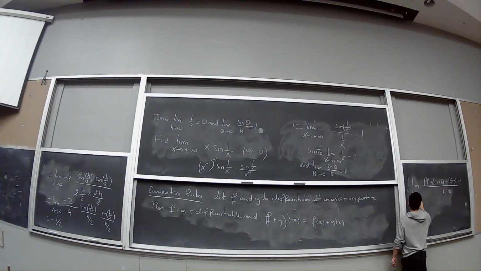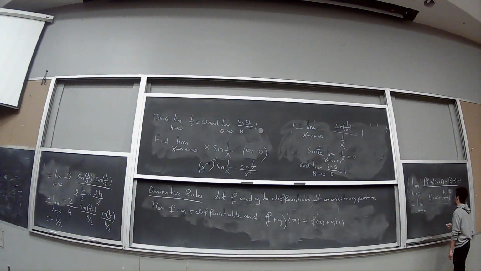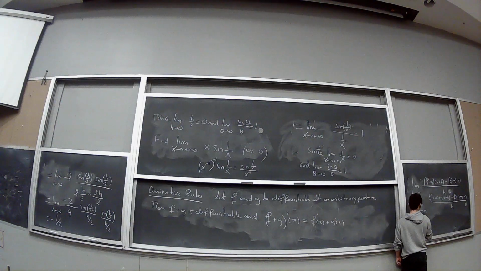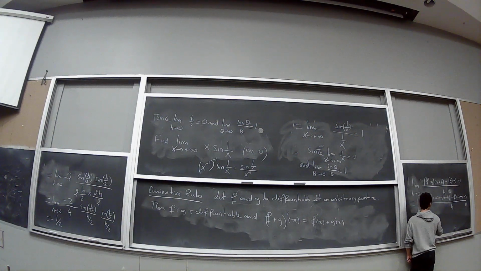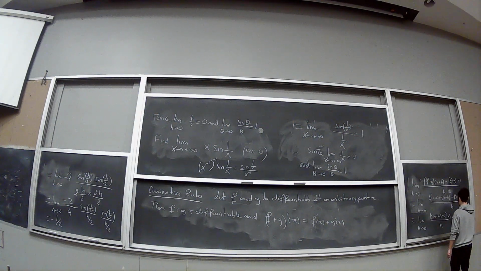Now this is the limit as h goes to 0 of f of x plus h plus g of x plus h minus f of x minus g of x over h. Now let me split this into two parts. It's clear that it's the limit as h goes to 0 of f of x plus h minus f of x over h, plus g of x plus h minus g of x over h.